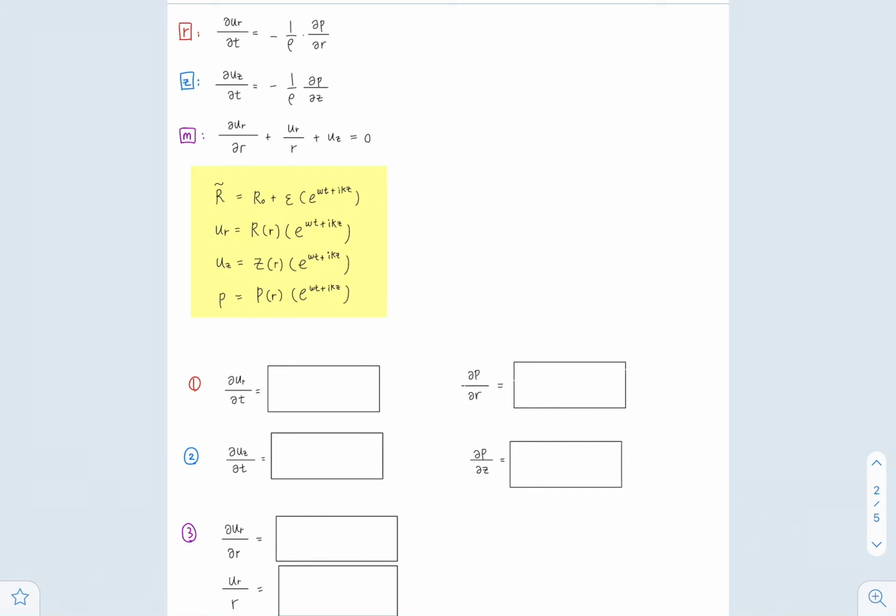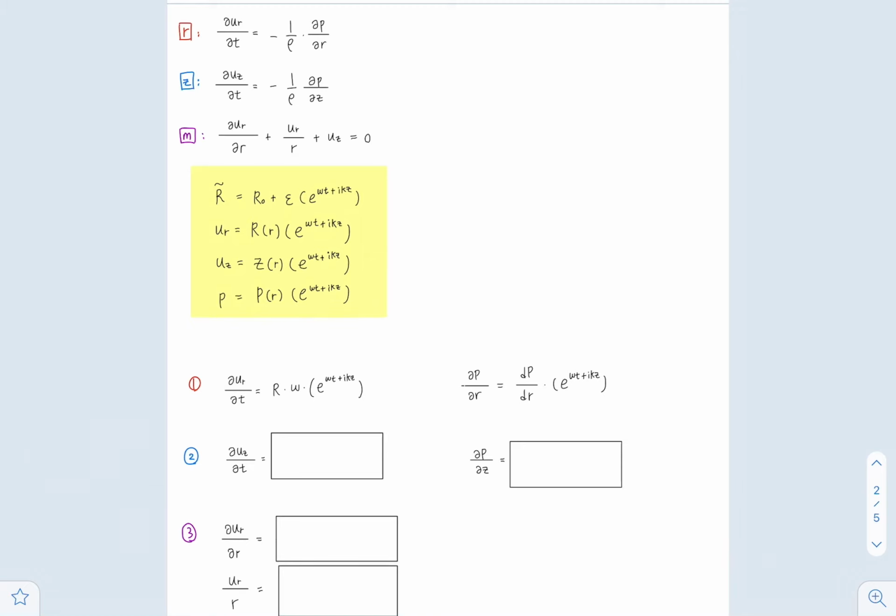So if you do ∂u_r/∂t, we get R times ω times this exponential term. And if you do the same thing for ∂p/∂r, we are going to get this equation, which is expressed as dP/dr and the exponential term. So we can equate these two equations later and get a corresponding relationship.